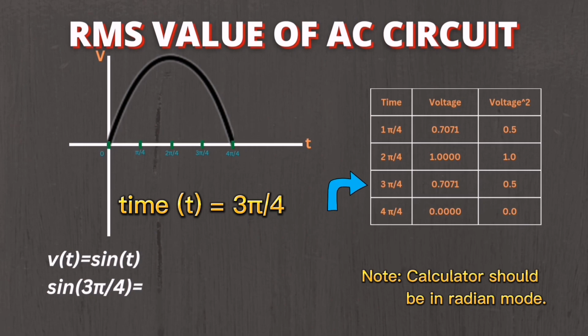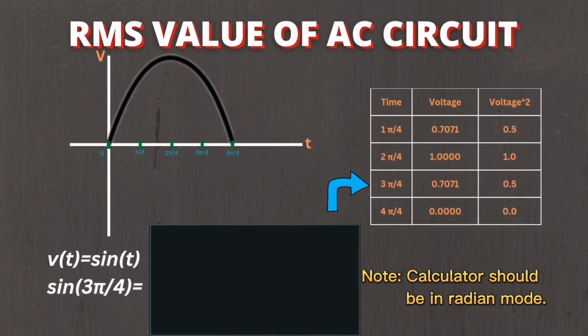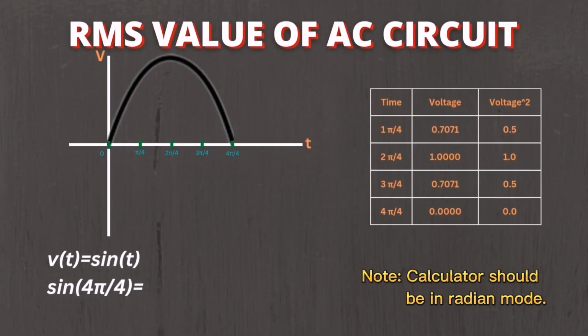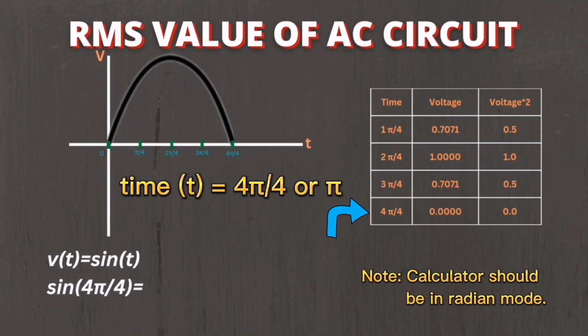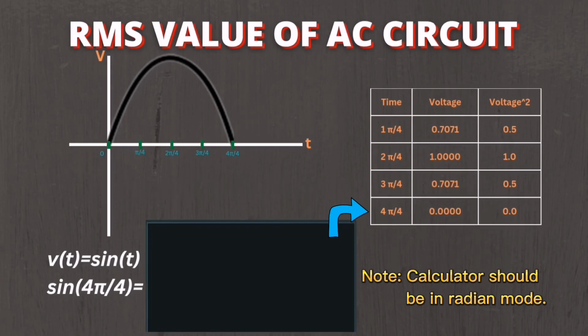For number 3, the time t is equal to 3 pi over 4. Sine 3 pi over 4 is equal to 0.7071 volt. Then the square of the voltage will be 0.5. For number 4, time t is equal to 4 pi over 4 or pi. Sine pi is equal to 0.